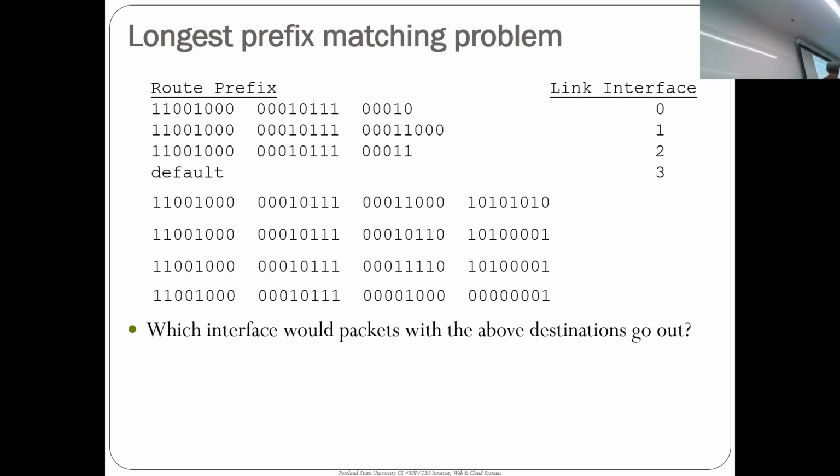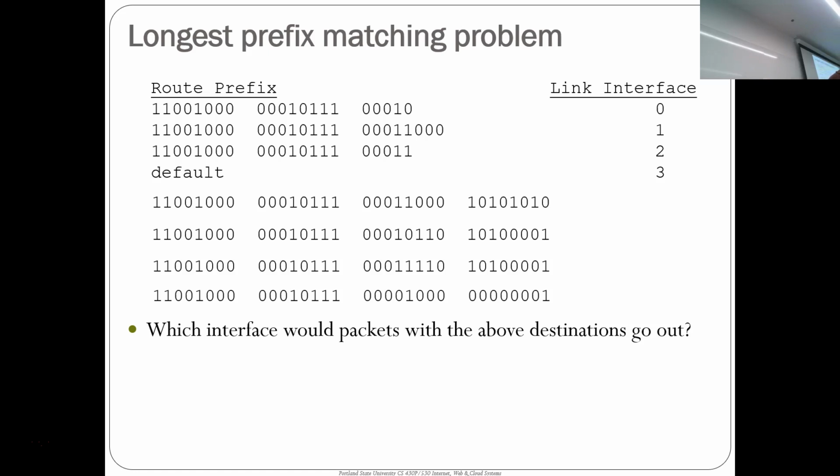Okay? So I will walk through this. So here are some packets. The routing table ends here, and these 4 are just the destination IP addresses of packets I get. Where does this one go? This goes over interface 1 because it matches both of these, but obviously this is a longer match.